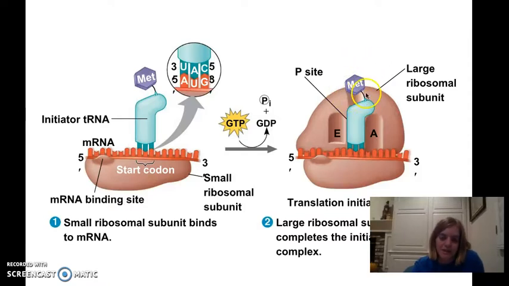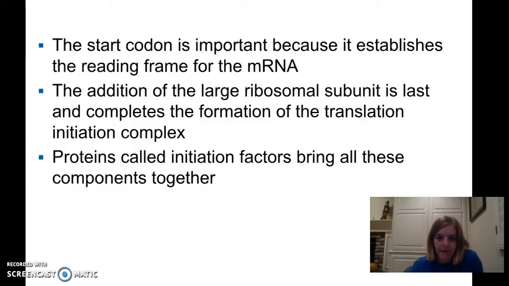So that's why that's the one that's up here. And now the A site is waiting for the next amino acid to come. And then here's our mRNA with this set of 3 being a codon that's complementary to this set of 3, which you can see as an example right here. AUG is methionine, and then the anticodon is the corresponding complementary base pairs.